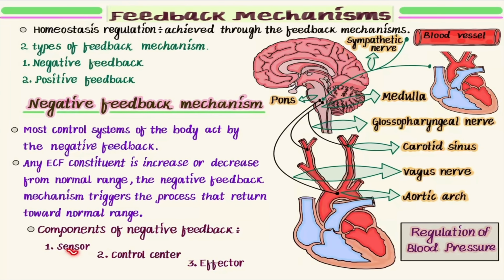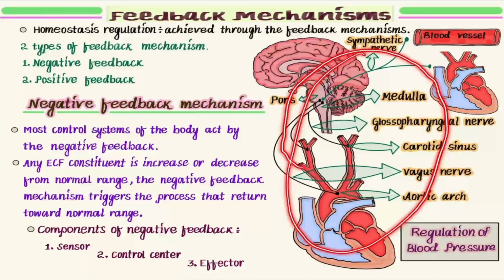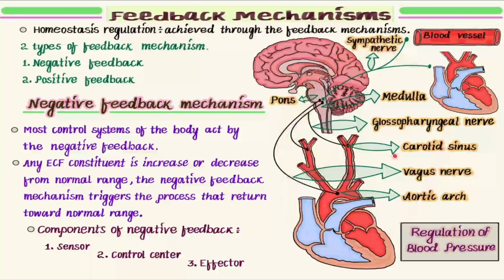Here, the sensor contains receptors that monitor any changes in the environment of the body and send signals to the control center. Here in this picture, you can see the example of blood pressure regulation. The baroreceptors are present in the wall of the carotid sinus and aortic arch.